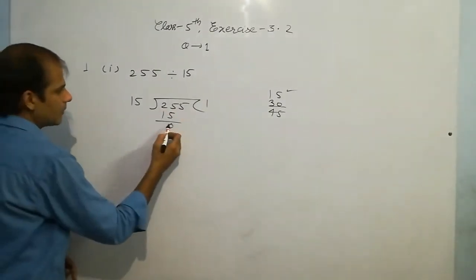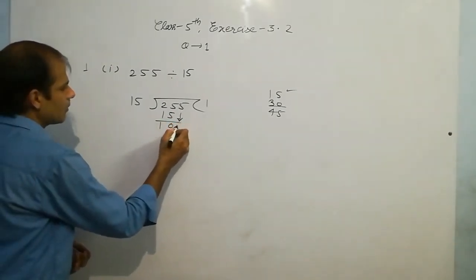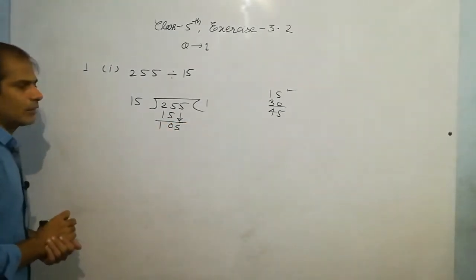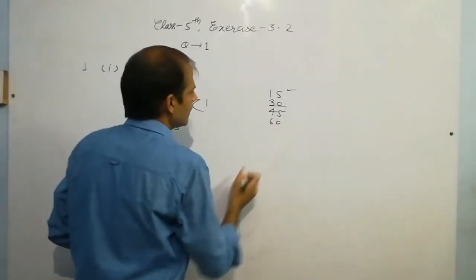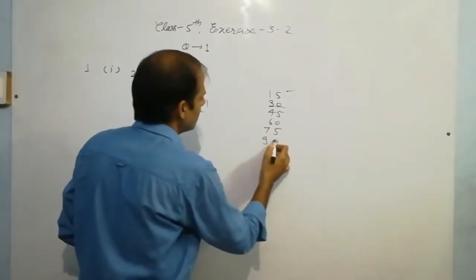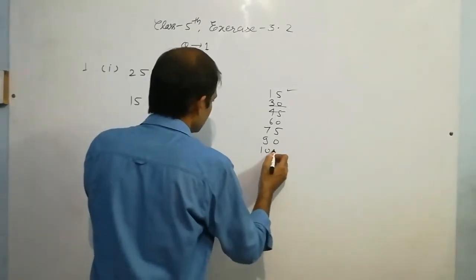Now after subtraction we have 10, okay, and we will copy this 5. Now try to divide 105 by 15. So it is 15 4 ja 60, 15 5 ja 75, and it is 90, and 15 7 ja 105.